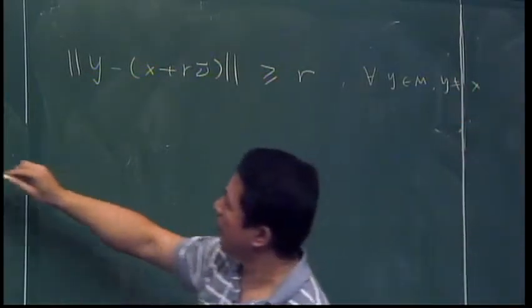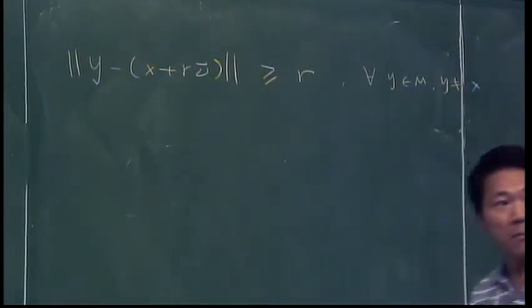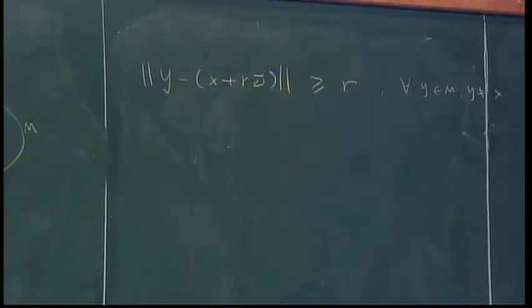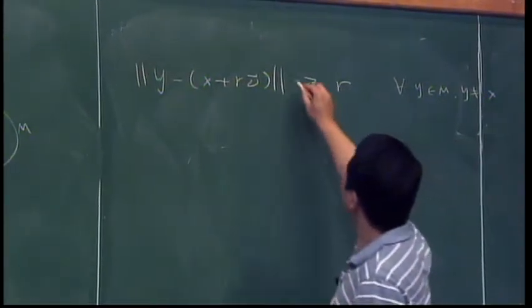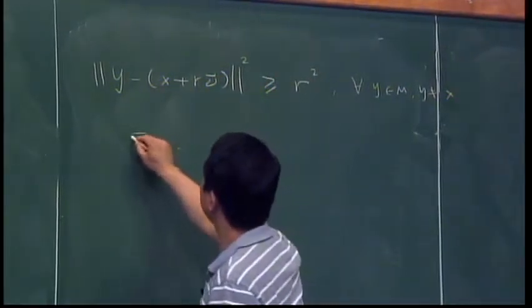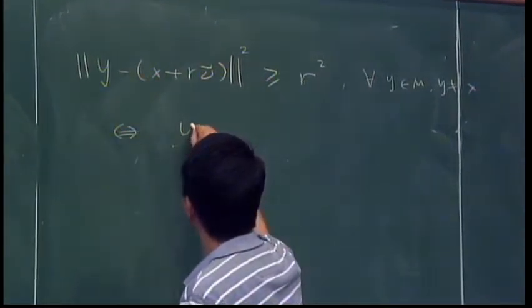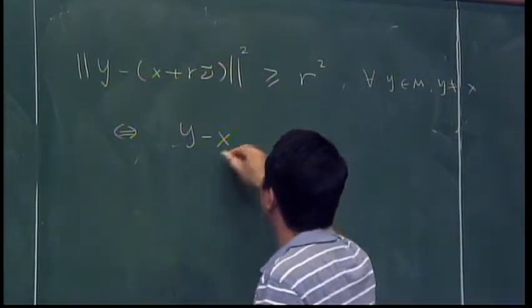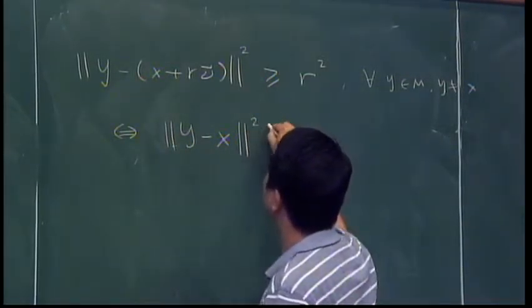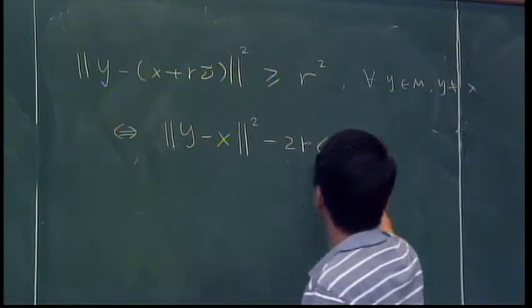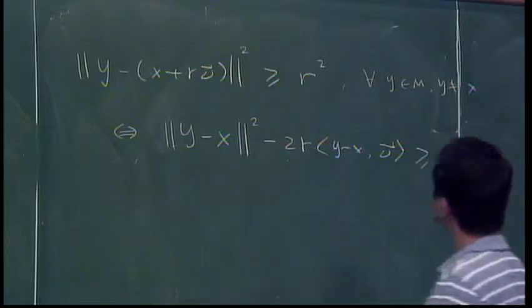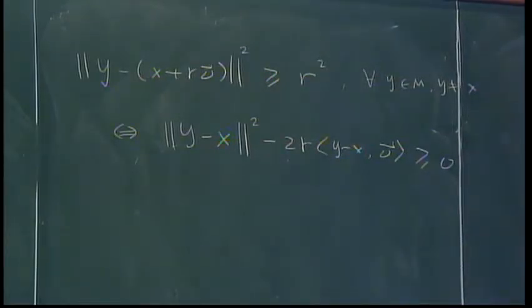Then it will admit an exterior ball condition, right? If you take the square, then that's equivalent to the square of y minus x, minus 2R times (y minus x) dot mu, bigger or equal to 0, right? This is all equivalent.